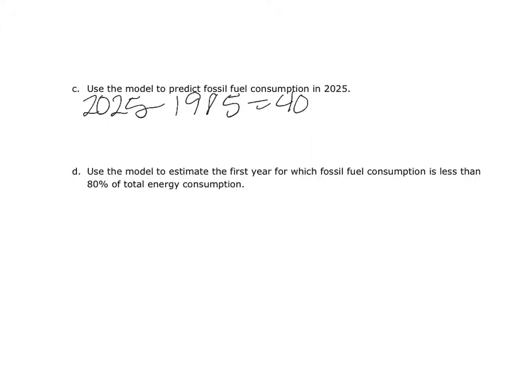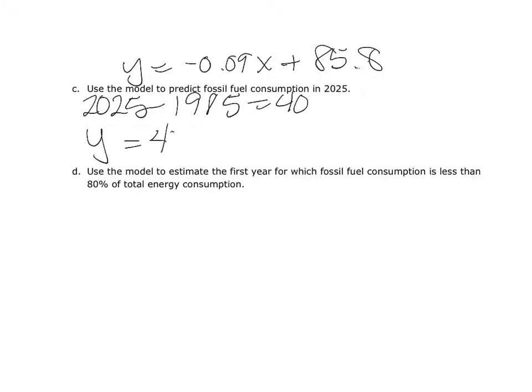Now remember, my equation was y is equal to negative 0.09x plus 85.8. So y is equal to, I'm going to put in 40 for x times the negative 0.09, plus the 85.8.